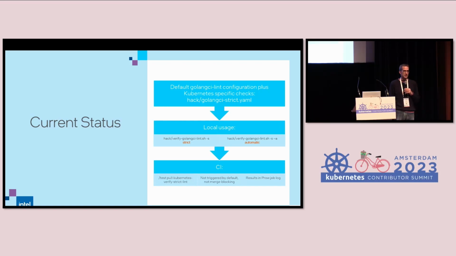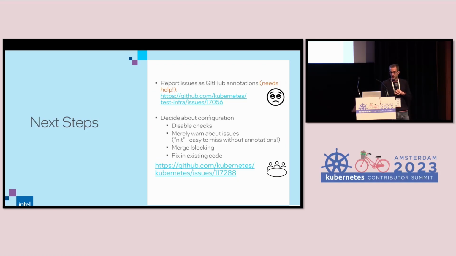It won't fix these things. These are not flakes. If it fails, it fails. It will always fail. So you need to look at the Prow job and really read the text output to see why it failed, which is a bit annoying, which leads me to the next steps.